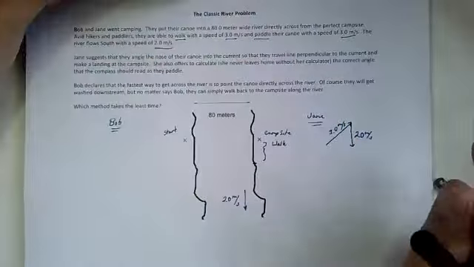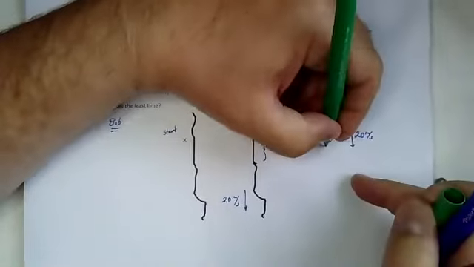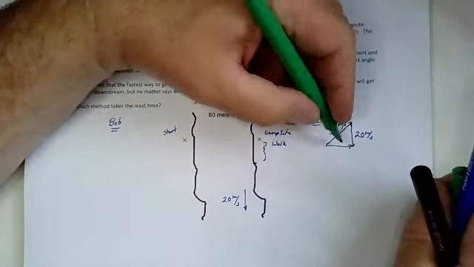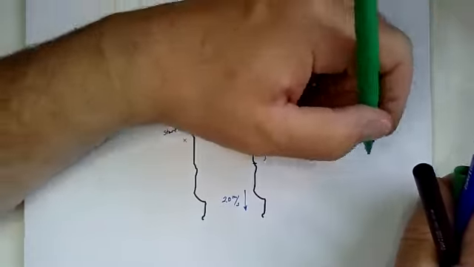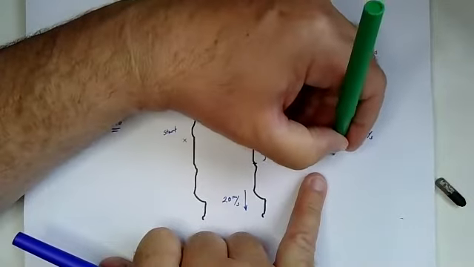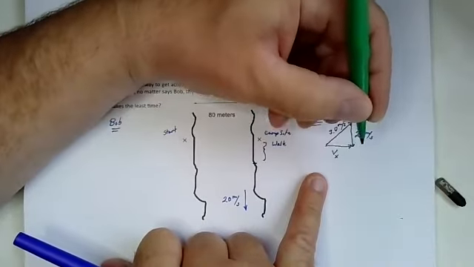And then this is their resulting speed across the river. So it's slower than the 3 meters per second, but they don't have to worry about being washed downstream. So this is going to be the velocity in the x direction, which is what they're looking for.